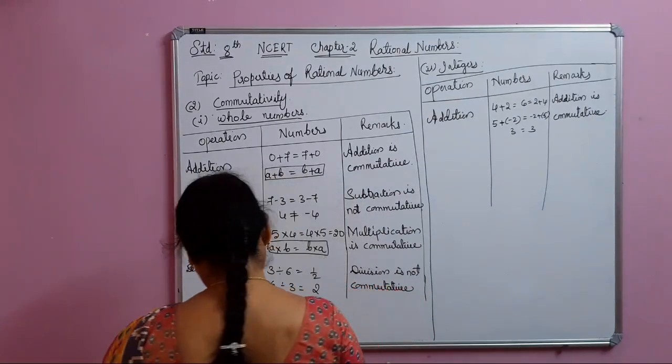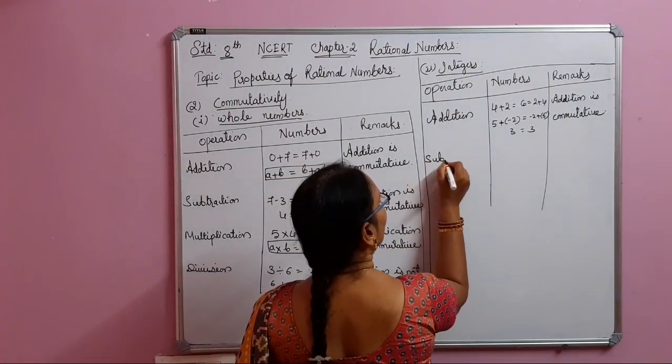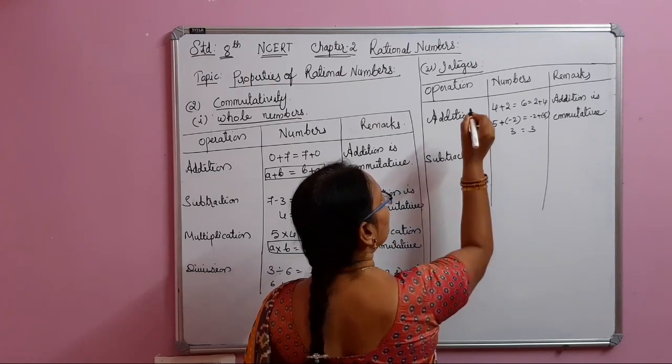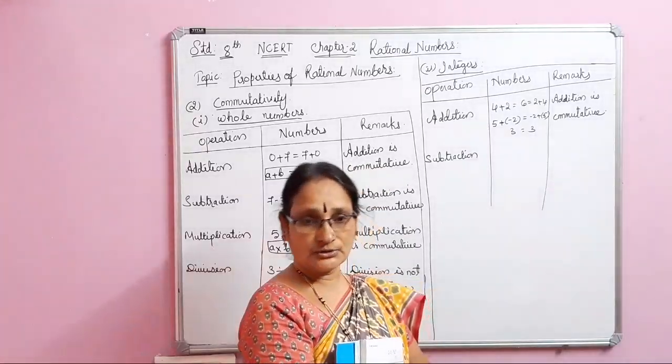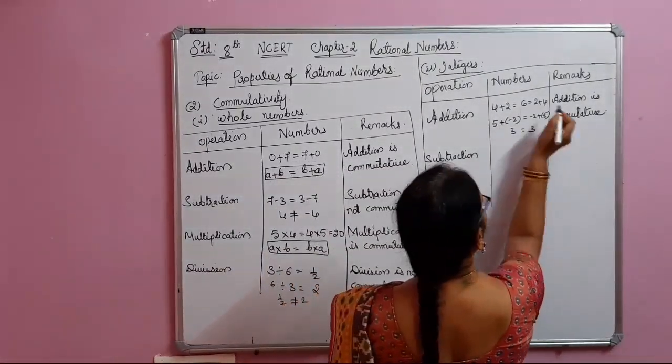Now, in the same way, subtraction is not commutative even for the integers. In the integers you know there are positive and negative numbers along with 0. So now for subtraction, the same numbers we will take.